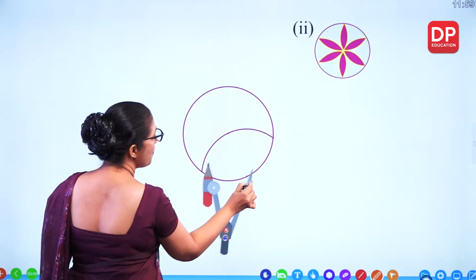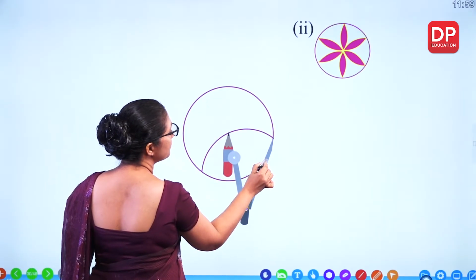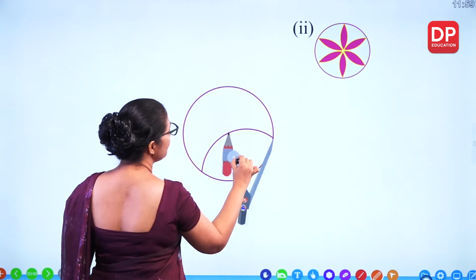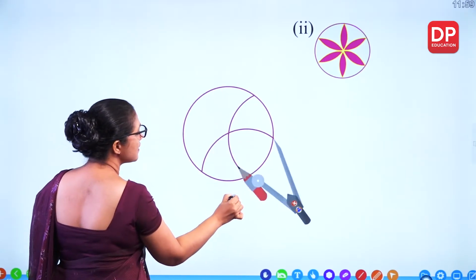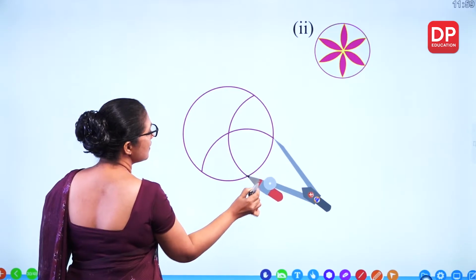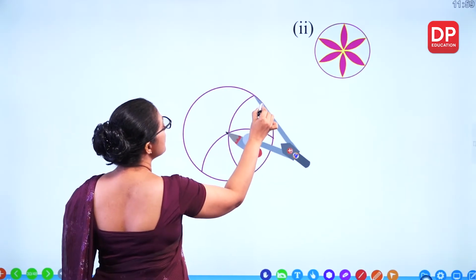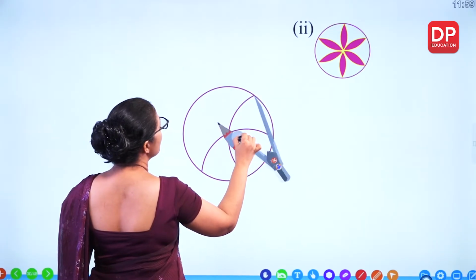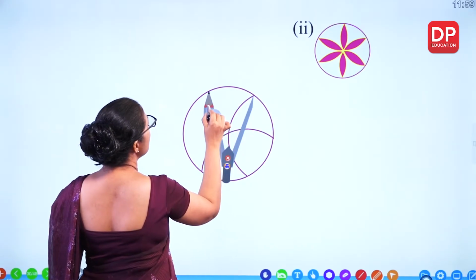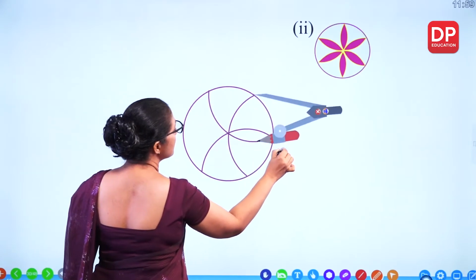Now take the compass to the next point and draw the other arc. Same distance. And take the compass to the next point. And you can draw the other arc.